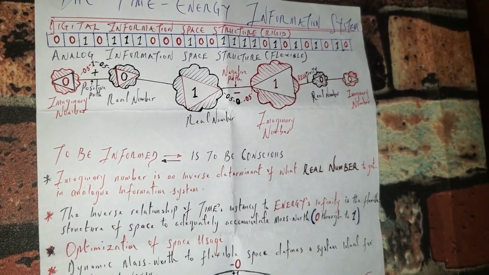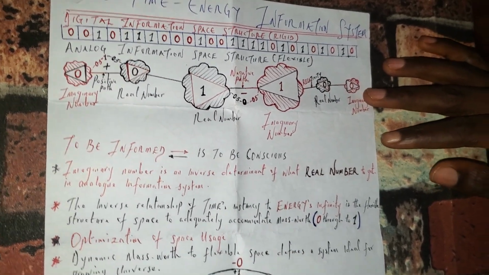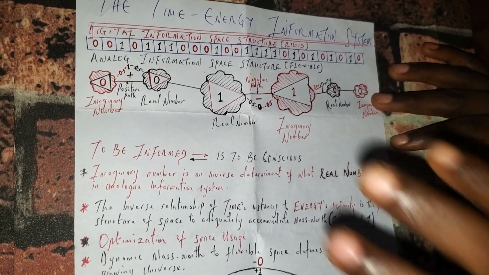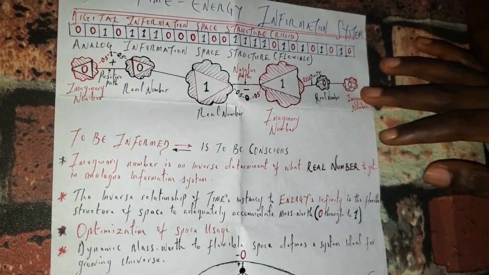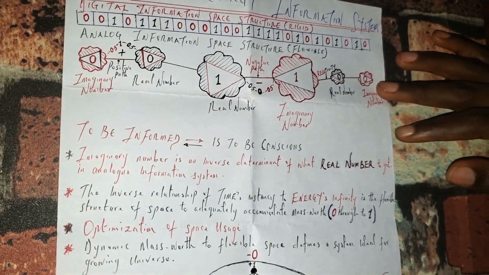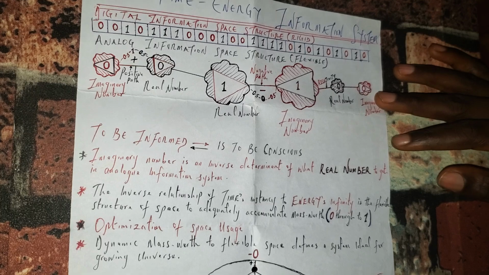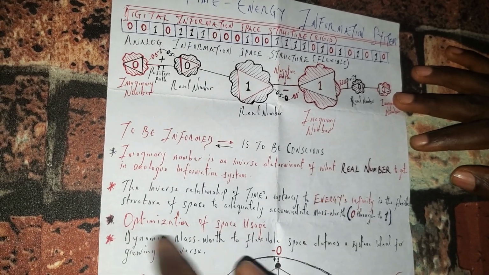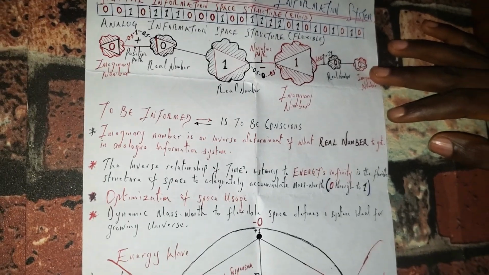So once we have the emergence of these numbers as we're supposed to have them, we can map them onto electrical signal to have the ideal number for computation. So now when you look down here, to be informed is to be conscious.